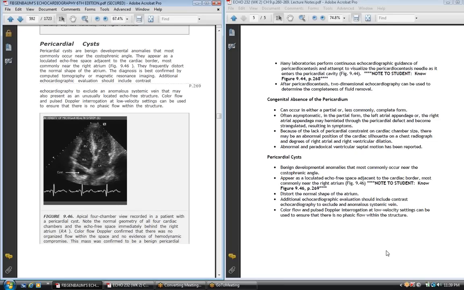Low velocity, turn your color gains down, and you'll see no color inside that blackened cyst. You can also put a pulse wave Doppler gate inside that cyst. Turn it on with low filter settings, and you'll find no Doppler tracings, no movement at all inside that cyst. It's a loculated area of fluid.